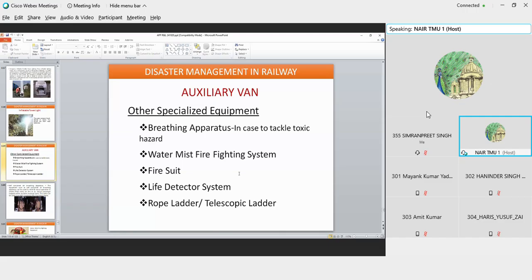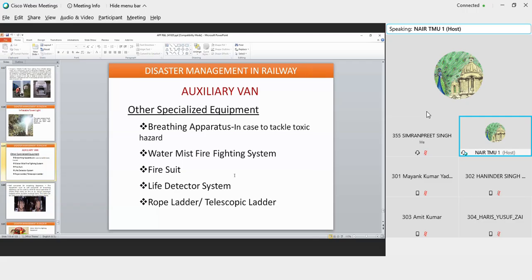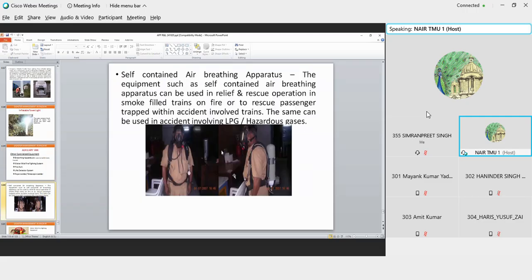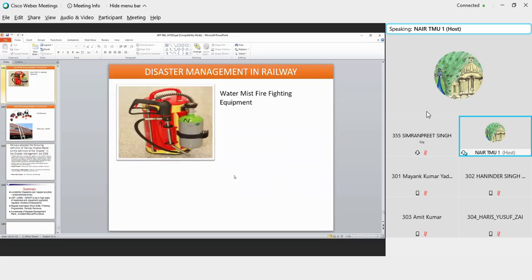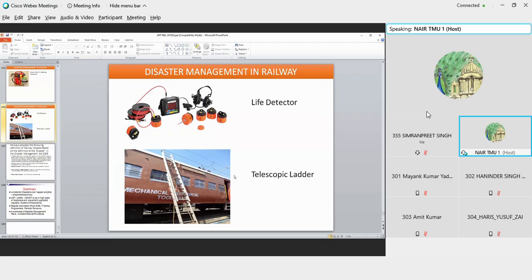So you take a clearance from him as to whether you can use this equipment in this atmosphere, whether the gases have dispersed in the atmosphere and the wagon is now safe to tackle. These are some air breathing apparatus, water mist fire equipment, life detectors, telescopic ladders.